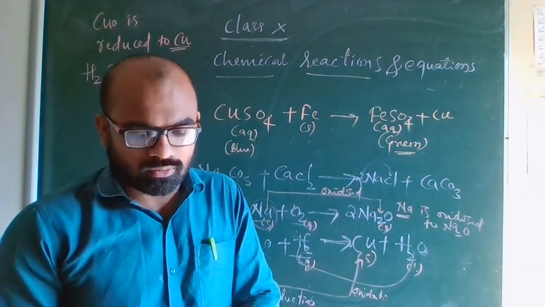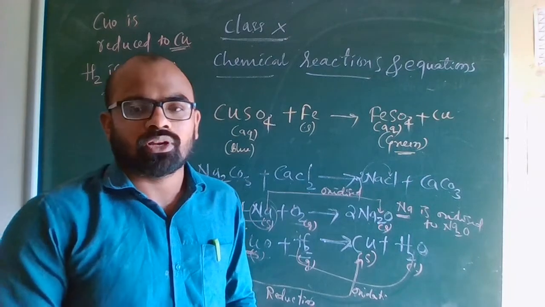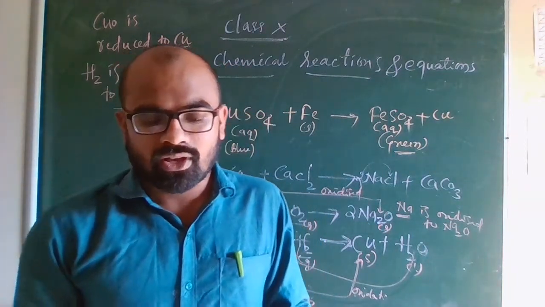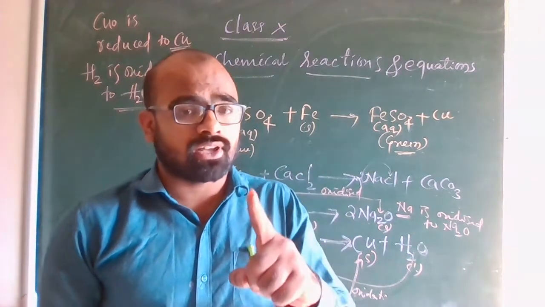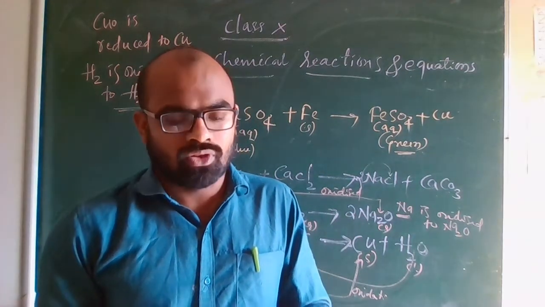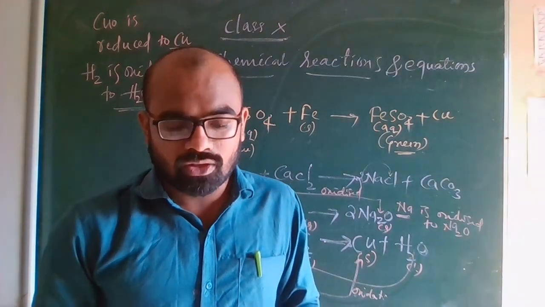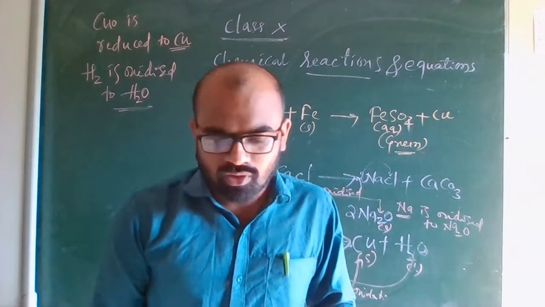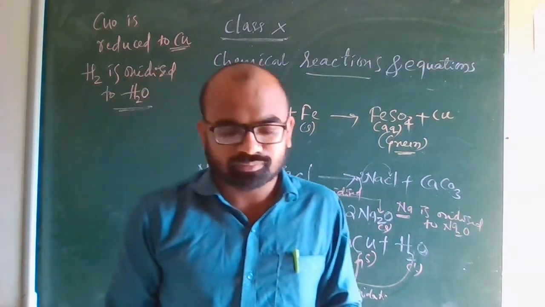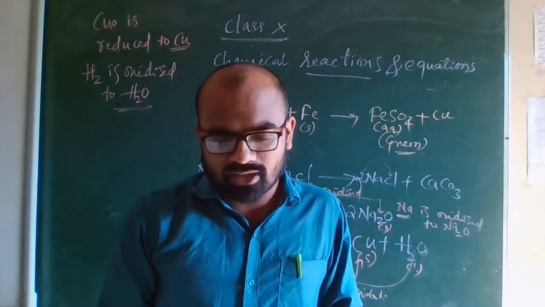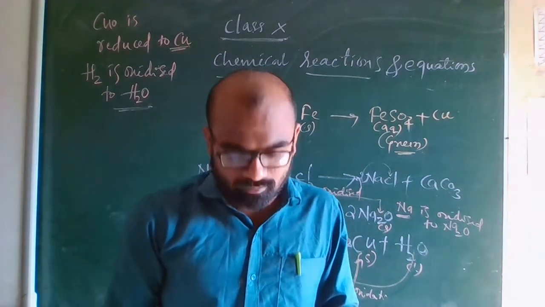So we'll go for what you have learned in this chapter. Sometimes I will ask this as homework, so you have to write this. A complete chemical equation represents the reactants, products and their physical states symbolically.